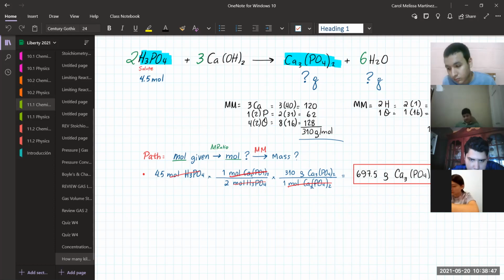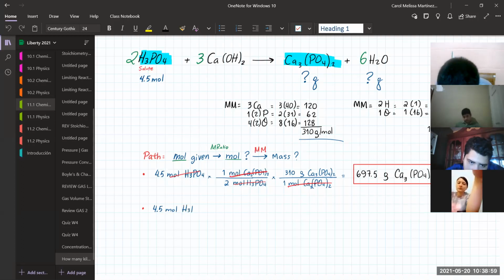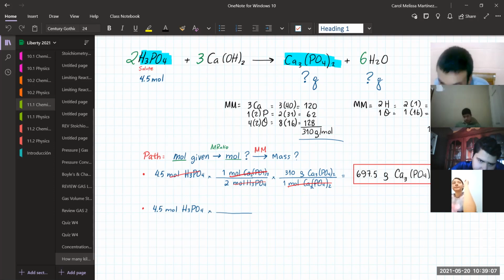And then I do the same process but for water. So I begin with my number of moles, and I'm going to get my grams of water. So what is my molar ratio between my phosphoric acid and water? How many moles of phosphoric acid? 2.